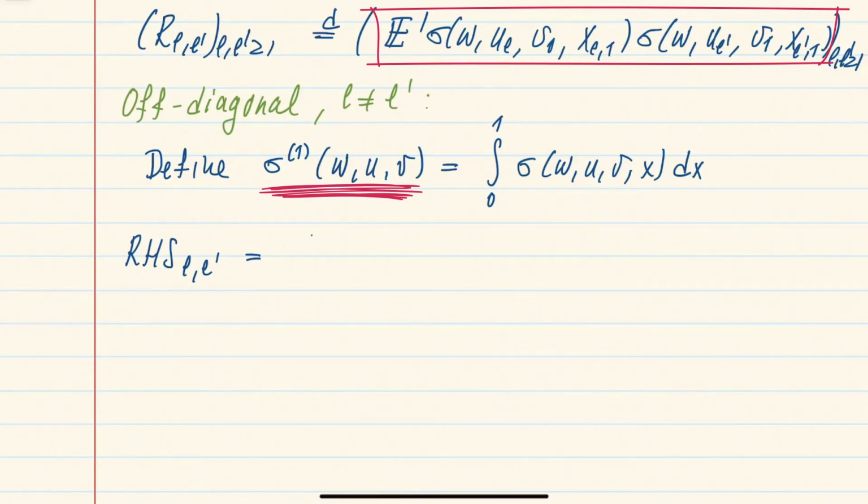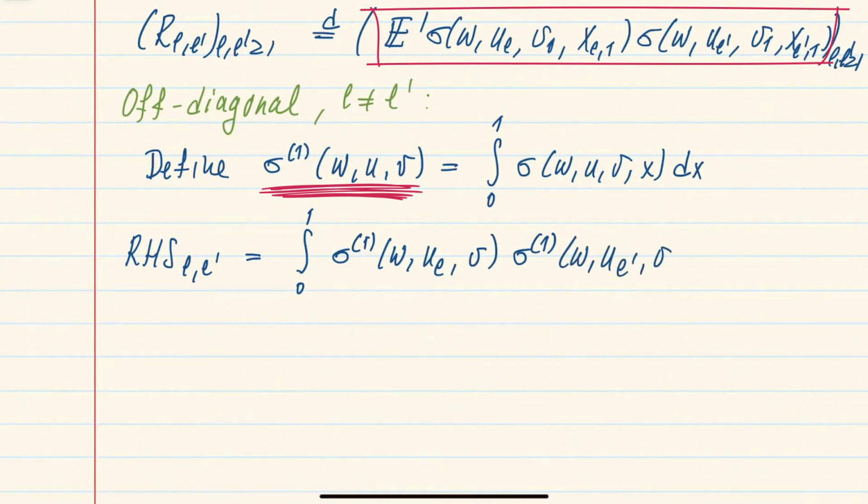And again, I'm going to write this expectation in V1 explicitly, so this will be nothing but this integral from 0 to 1 of our function with index L, and this function given by the average in x corresponding to index L'.